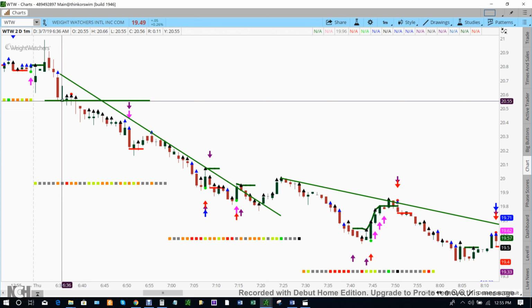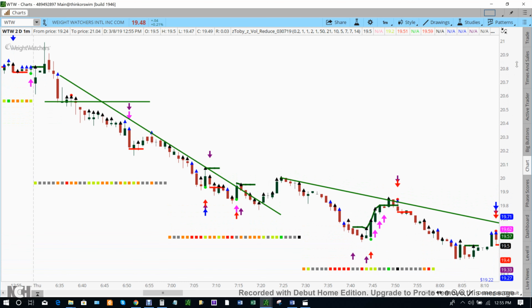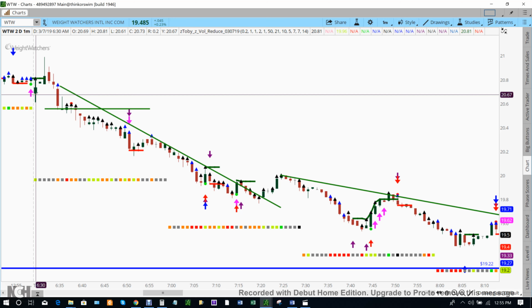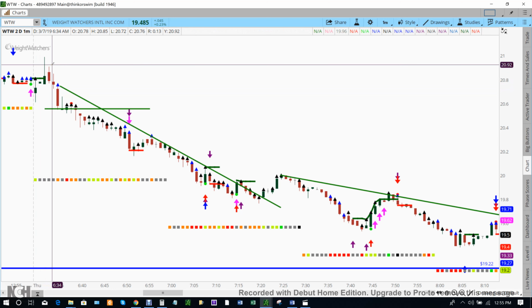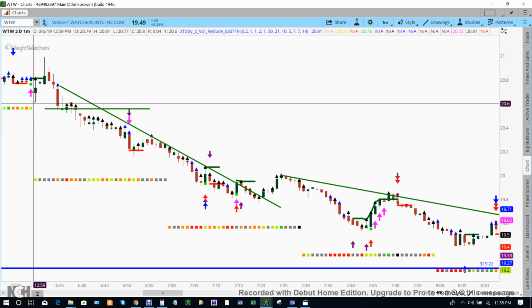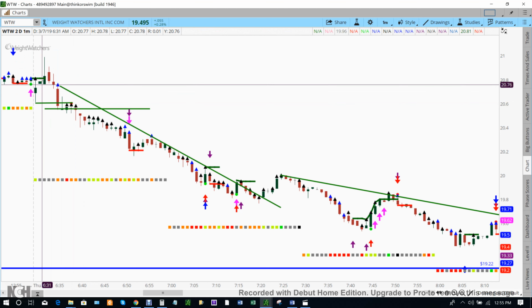So anyways, let's look at the beginning of the day. It's kind of dinking around. Here's the first blue candle. You could almost use this one right here too. The first candle is black.